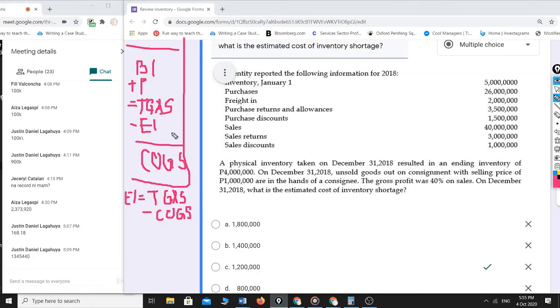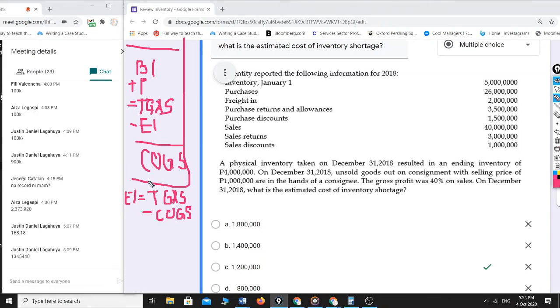Or in short, to know the ending inventory, we must know how much the total goods available for sale is, minus the cost of goods sold. So, we come up with the ending inventory amount.